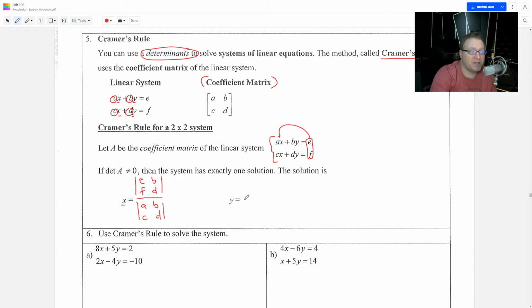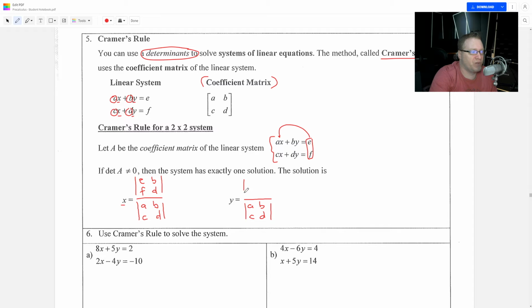And then y is similar. On the bottom, we're still going to have the determinant of our coefficient matrix, which is going to be, oops, I messed up there. Hold on a second. It's going to be the determinant of a, b, c, d.